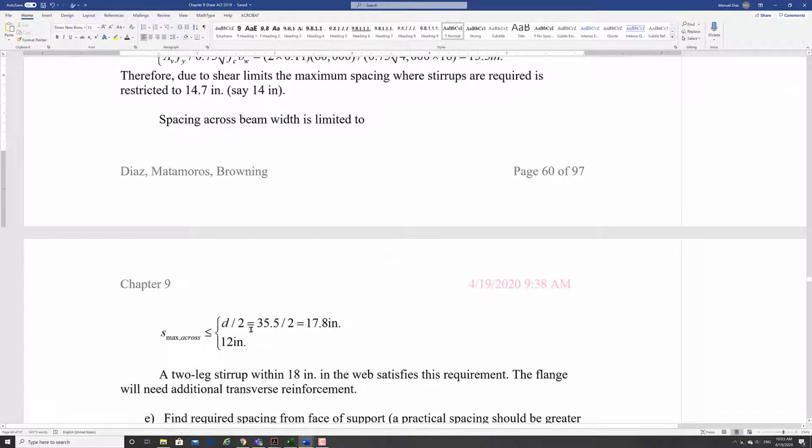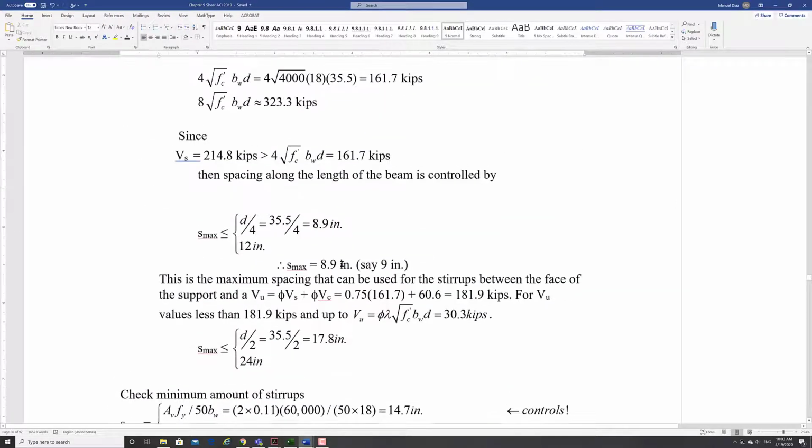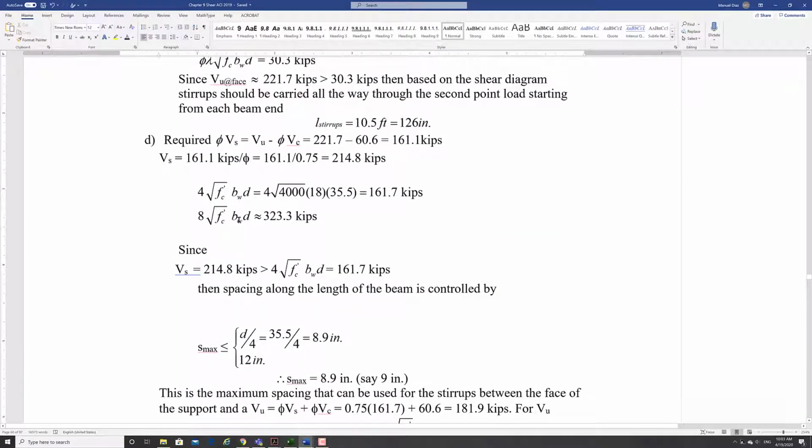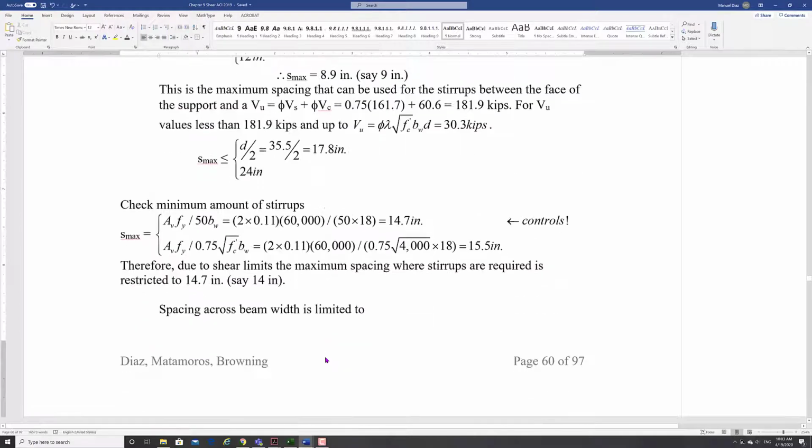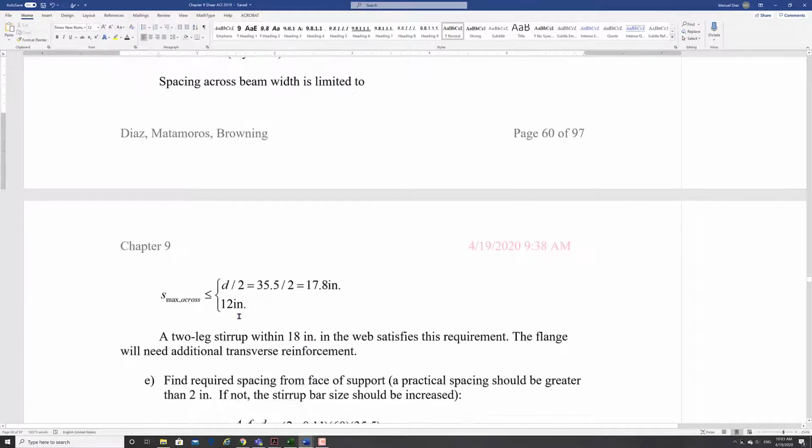Across, because of this, the case that we were between 4 and 8, then across, your value is d over 2 and 12. d over 2 is 17.8. We have 18 inches on the web, so definitely we are okay. Two legs will be within that distance.